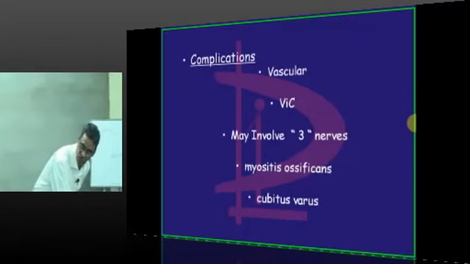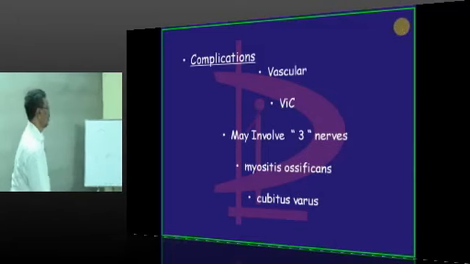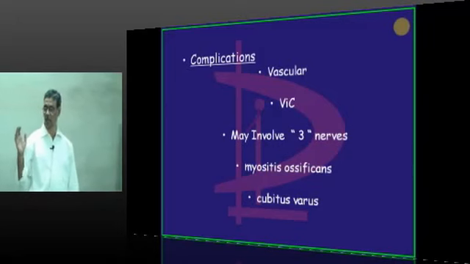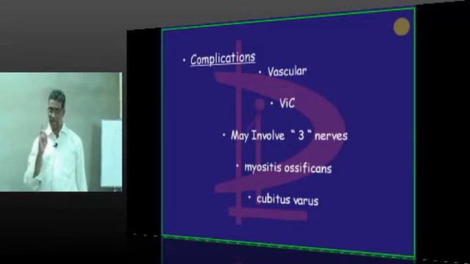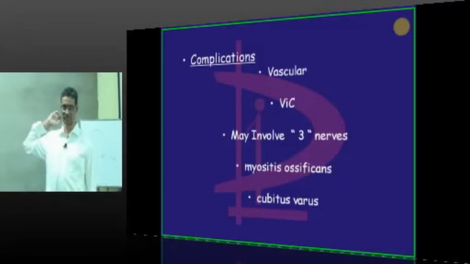The salient points on complications are, first, vascular complications, like obstructing the vessels. The result of a vascular complication depends on the collateral circulation. If the collateral circulations are very good, there may not be any effect at all.